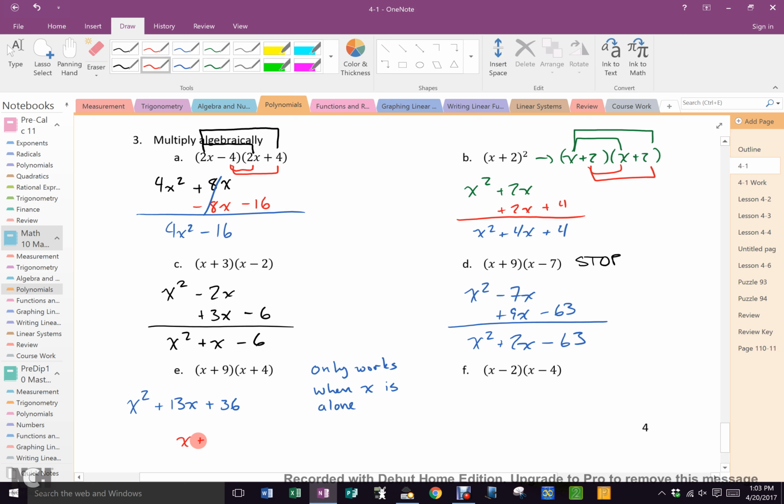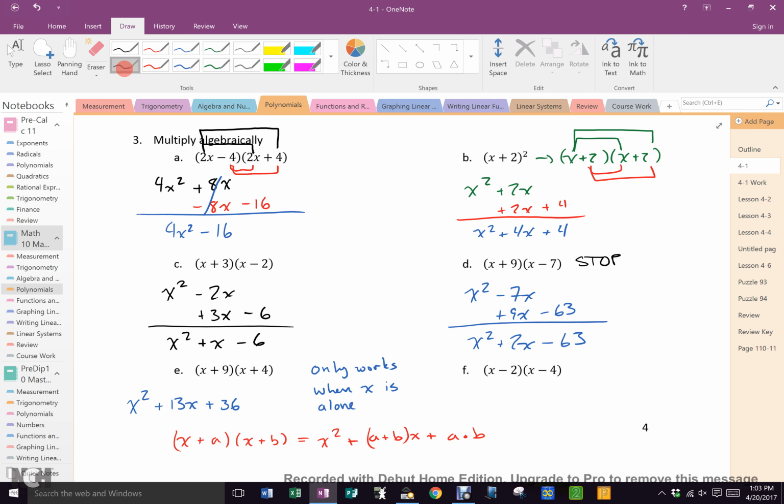What's the shortcut? If I have x plus a and x plus b, the answer is x squared plus a plus b times x, and this last one is a times b. Does everybody see this? So what's this one going to be?